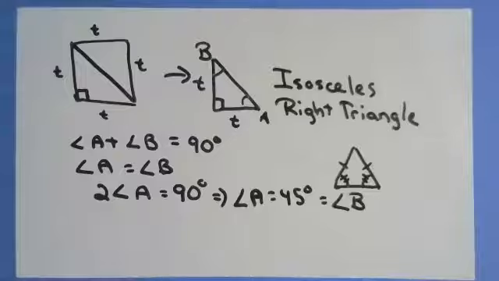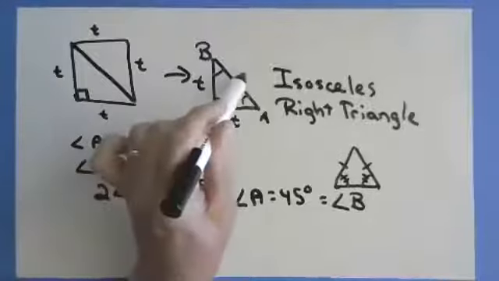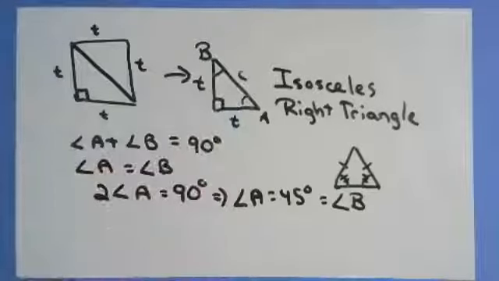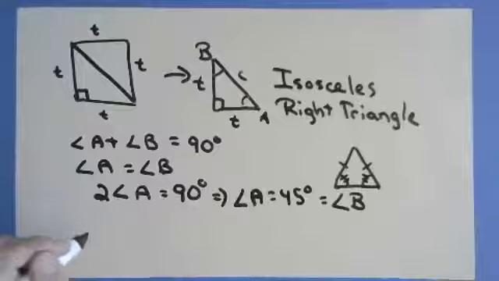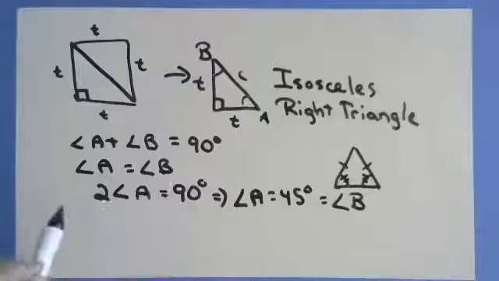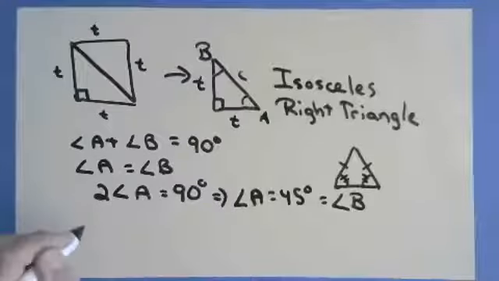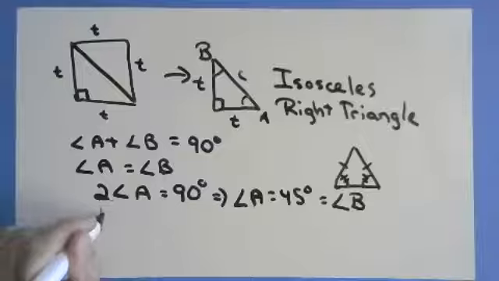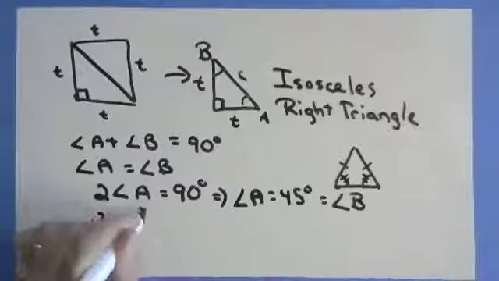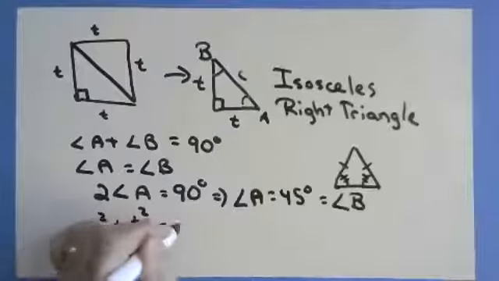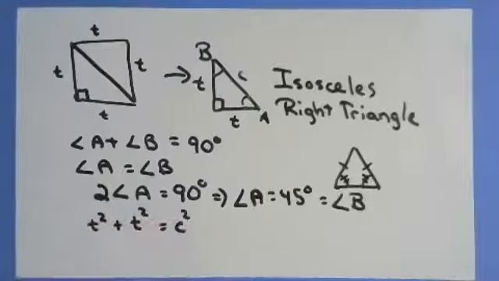We also get to think about the hypotenuse, which we can label here as C. And because it's a right triangle, we know from the Pythagorean theorem that the square of one leg plus the square of the other leg is equal to the square of the hypotenuse.